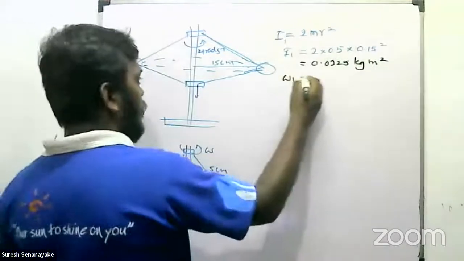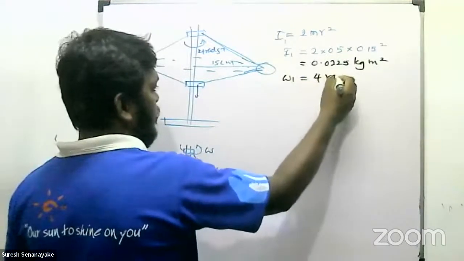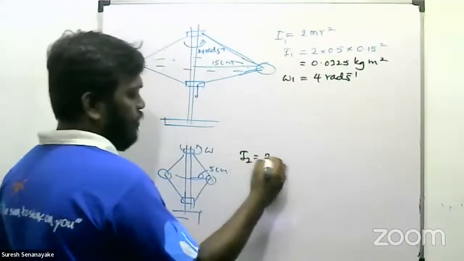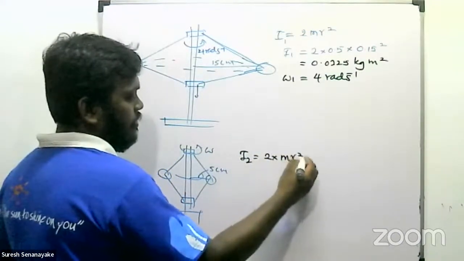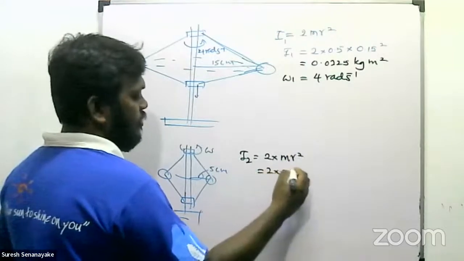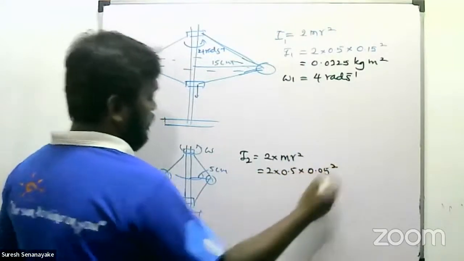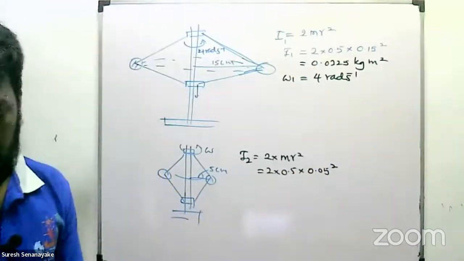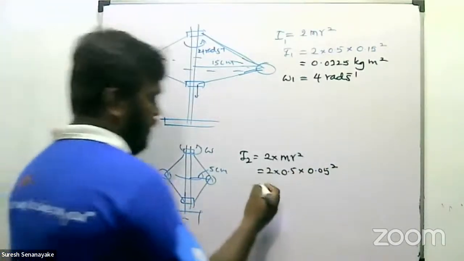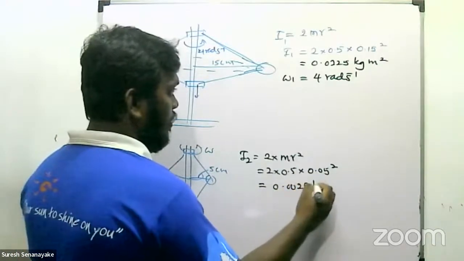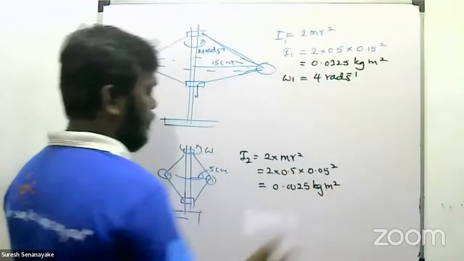Omega 1 is 4 radians per second. And I2 is 2 into mr square, where mass is 0.5 and r square is 0.05 square, because it's 5 centimeters. Squaring this gives 0.0025 kilogram meter square.